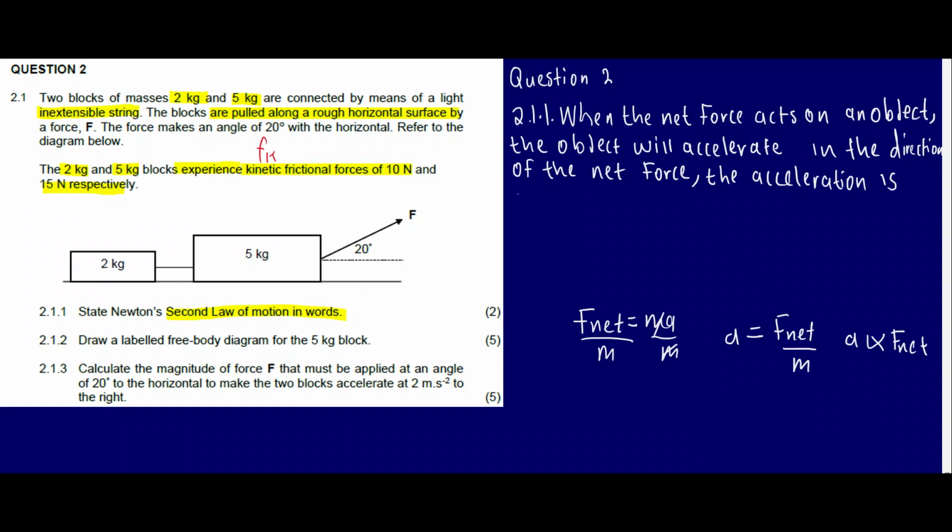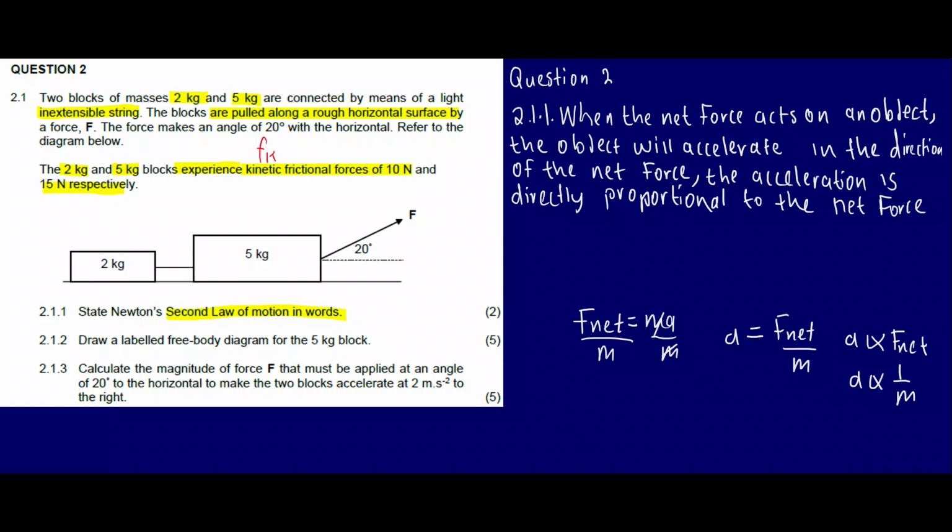is directly proportional to the net force and inversely proportional to the mass, right? So we can see that according to the relationship, the acceleration is inversely proportional to the mass.